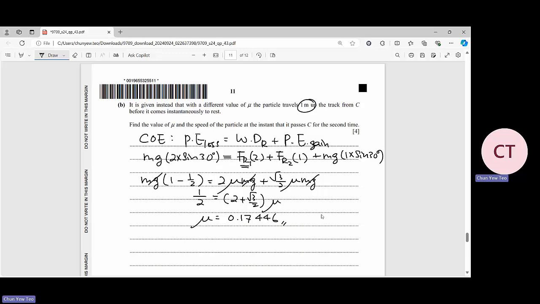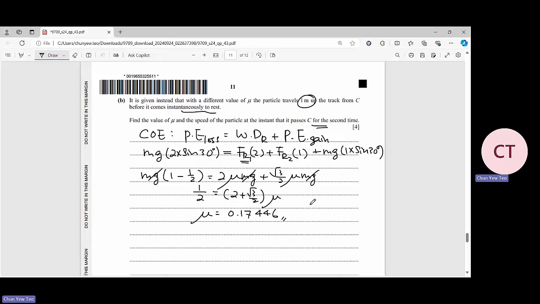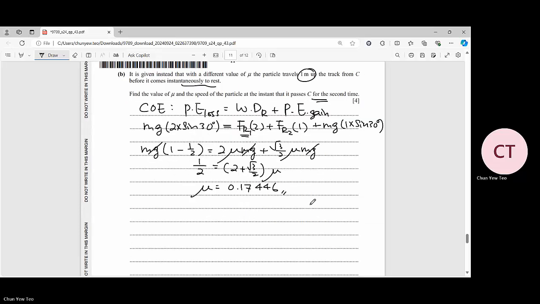So now I want to find, after you reach the maximum height of the track and you want to move down, the speed you have for the second time. So over here, again, we are still using conservation of energy.